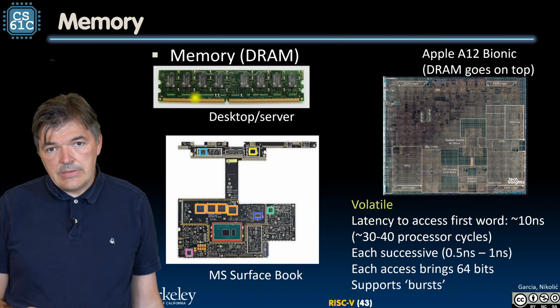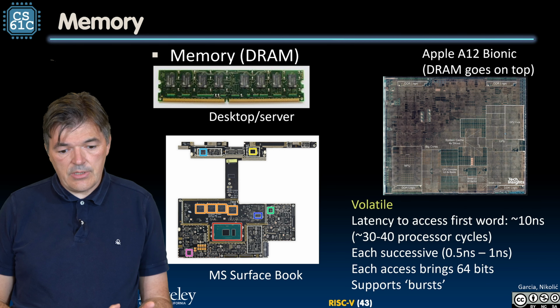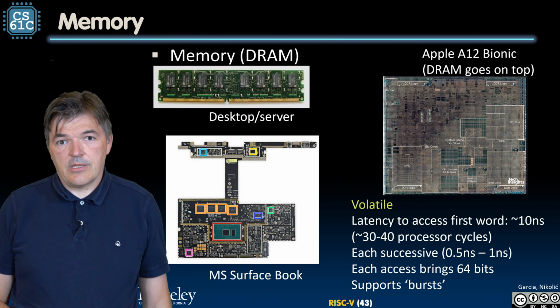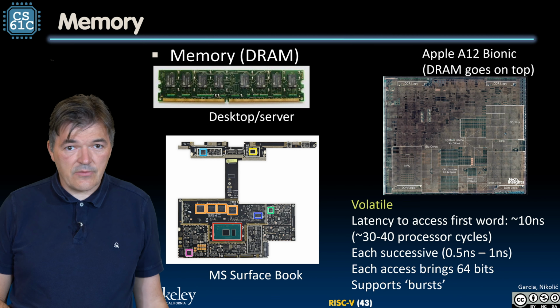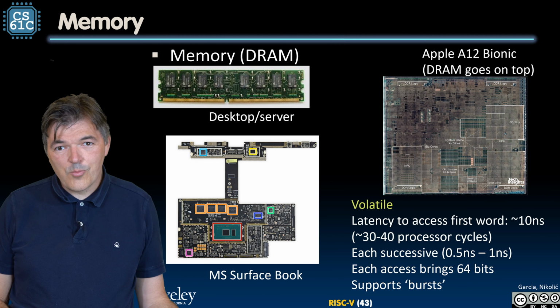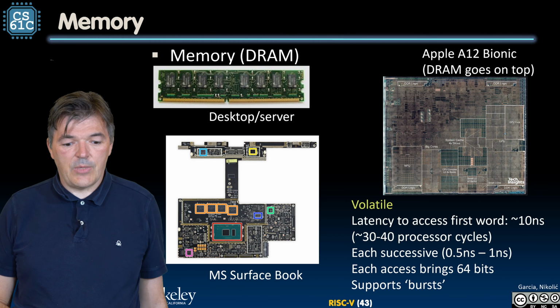It is the so-called DIMM, or dual inline memory module, that has 8 or 16 DRAM chips on a small printed circuit board that plugs into a desktop or a server. Anybody who has built a homegrown workstation or a gaming rig has done that, inserting these DRAM modules into the motherboard.